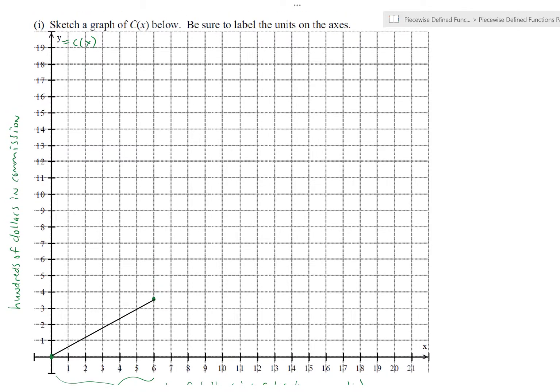So I'm going to go to 18 down here and go up to 1320.